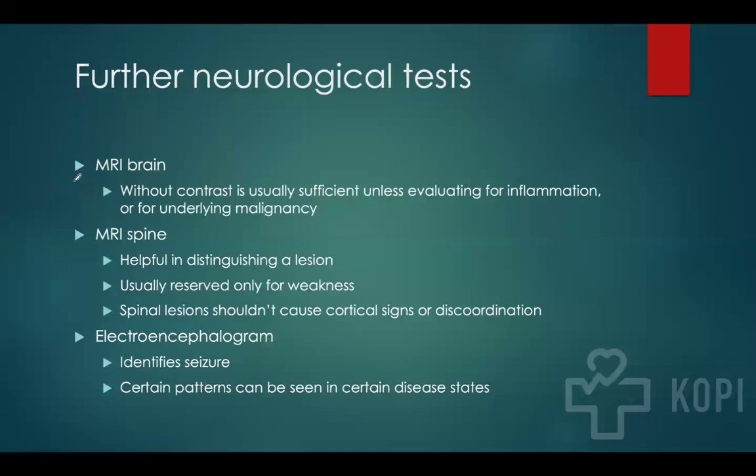I know that you guys know how to do LPs. I also know that you probably don't have access to an EEG or an MRI machine regularly. These tests are available, but they're not always indicated for a lot of conditions.